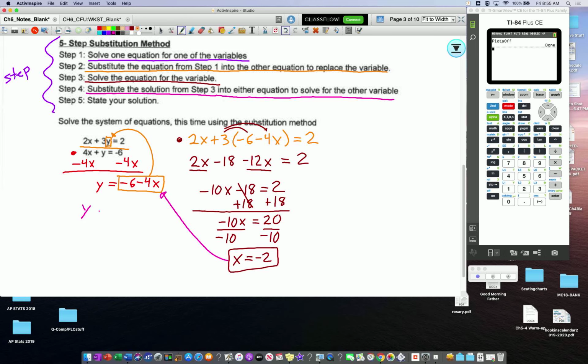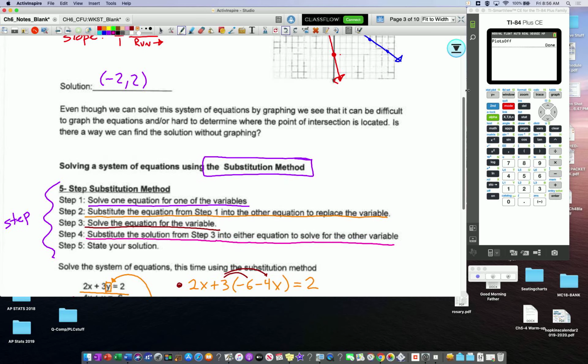Meaning, y equals -6 minus 4 times -2. So y equals -6, a negative times a negative makes a positive, so y equals +2. Notice how we got the exact same answer, -2, 2, as we did when we graphed it up here.